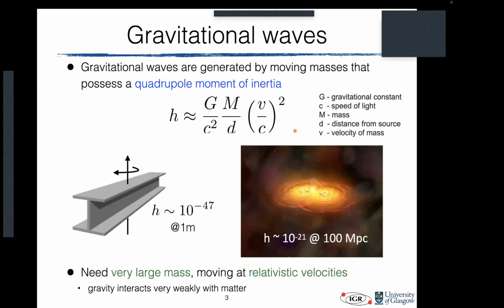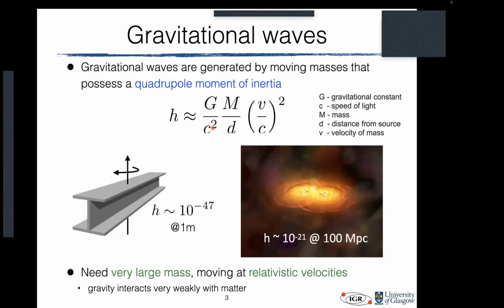And then the last factor is the ratio of the velocity of the motion of the masses, divided by c, all squared. If you look at the numerical portions of this, G is 6.67 times 10 to the minus 11, and c squared is basically 10 to the 17.